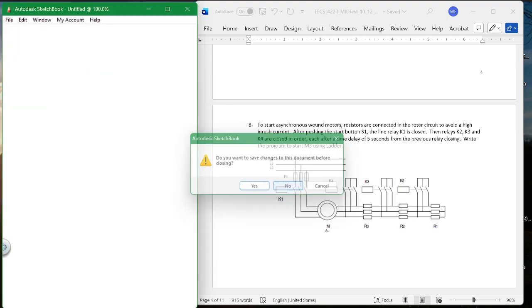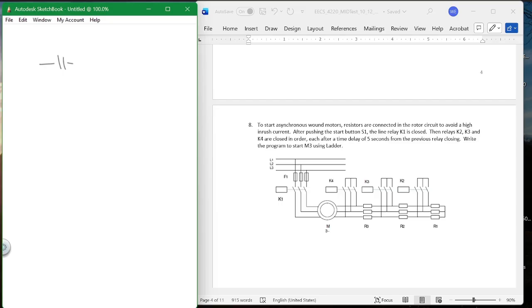And again, no biggie. This is a run button. Run. Stop. You can't get away from it. This would be the start and the stop and the run. When you are running, you have a timer that goes to another timer.